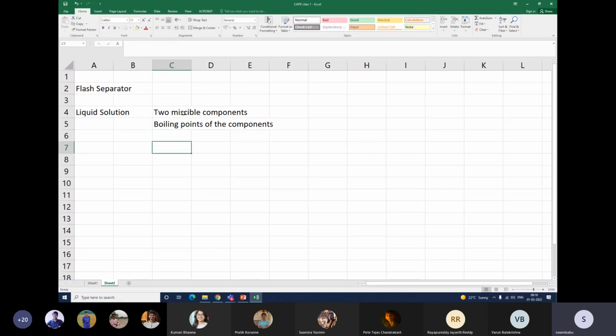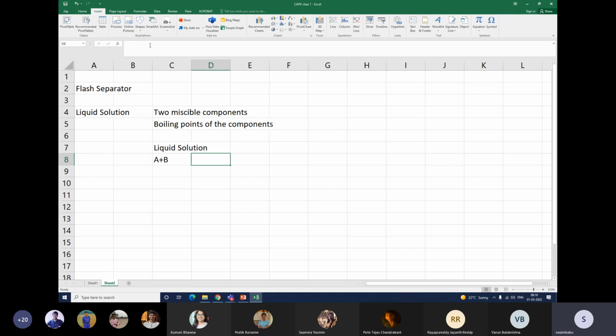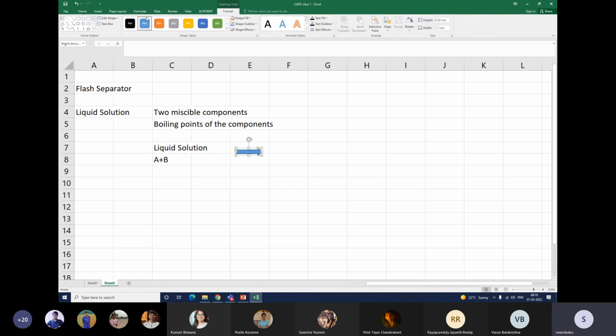So what is the difference between the flash separator and a typical distillation column? In a flash separator, we take the miscible liquid solution, which has two components, A and B. This liquid solution is fed and first heated to a certain temperature.